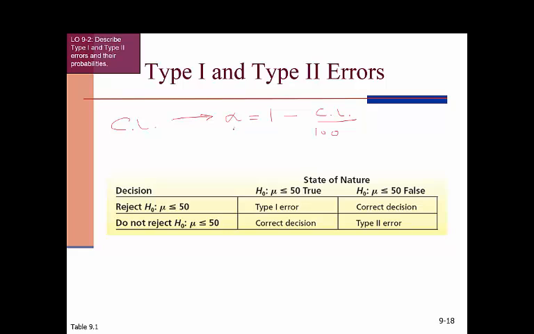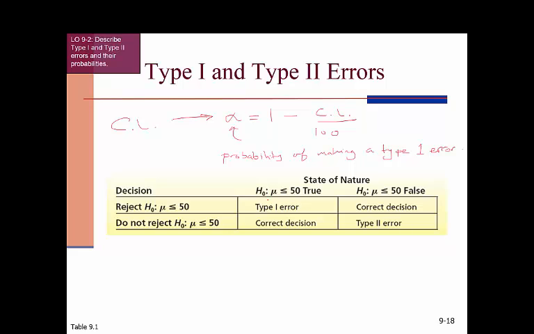This alpha is the probability of making a type 1 error. What do I mean by that?